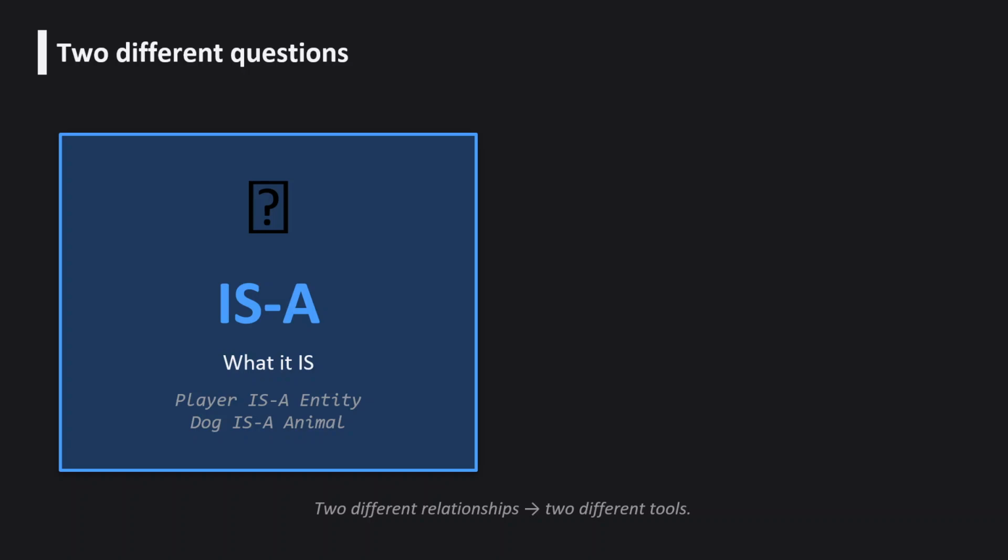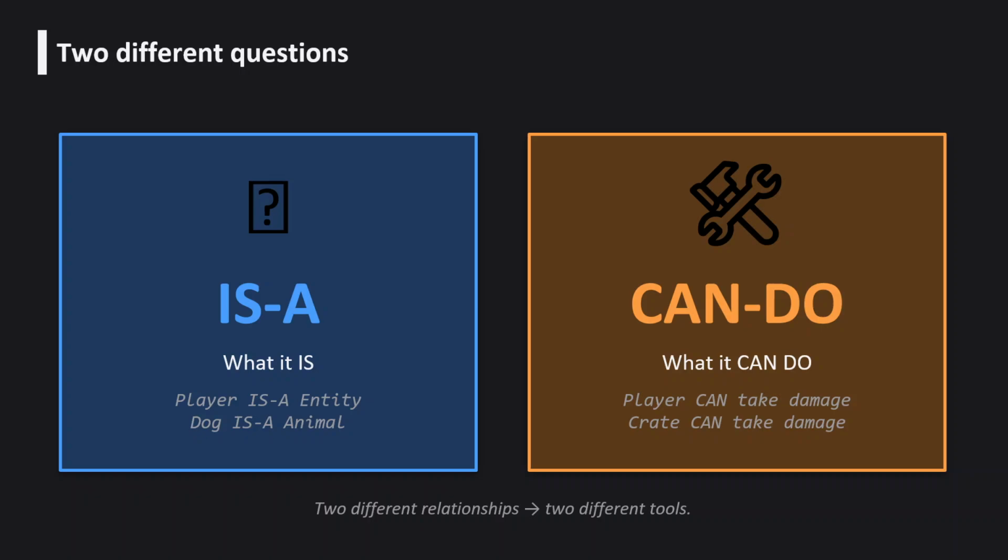The second question is, what can this thing do? A player can take damage. A crate can take damage. That's a capability. And it has nothing to do with its identity. Two different relationships. And object oriented programming gives us a different tool for each one.